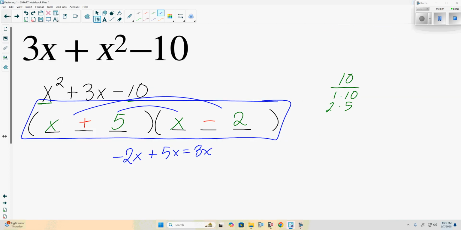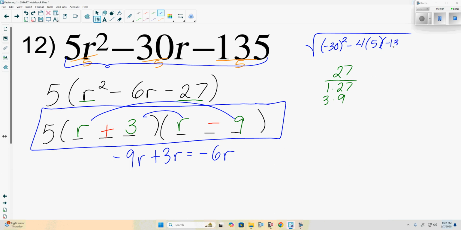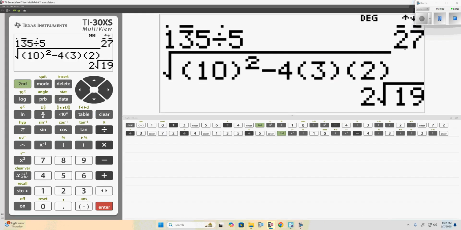Because if we look at the previous, let's even look back here. Because if we started here, 5r squared minus 30r minus 135. So this would be the square root of negative 30 squared minus 4 times 5 times negative 135. So if I check this here, well, we know this factors.